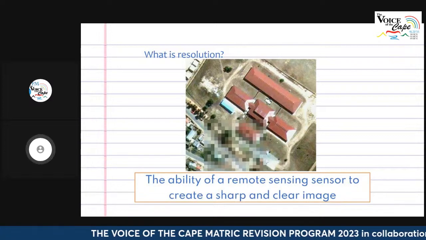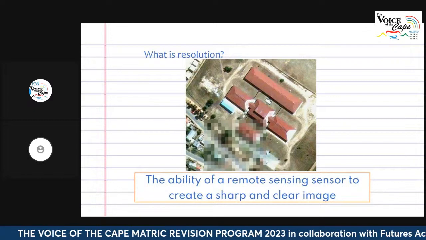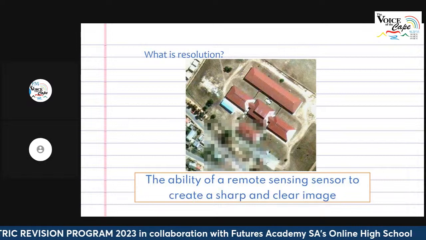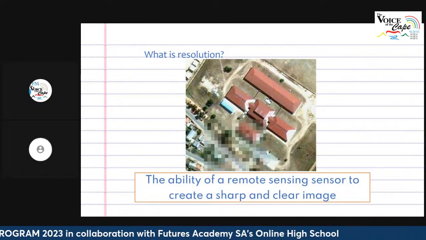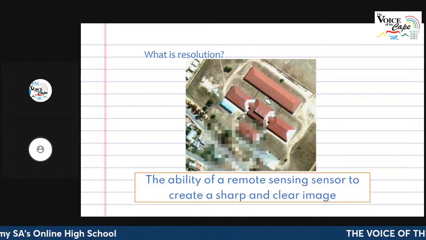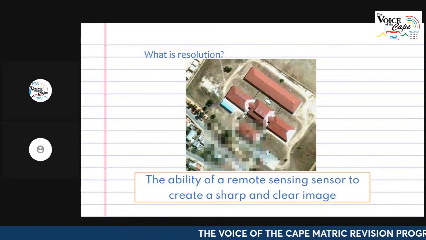So the resolution of your photograph will be completely unclear. But if you have to take your picture at an arm's length, your resolution will be extremely sharp and extremely clear. Hence, it would have many pixels within it.